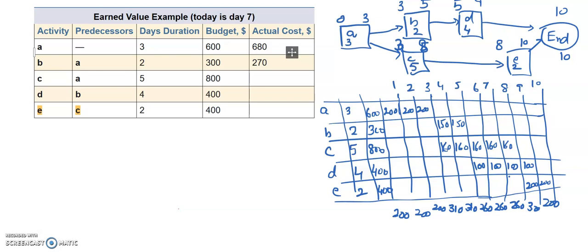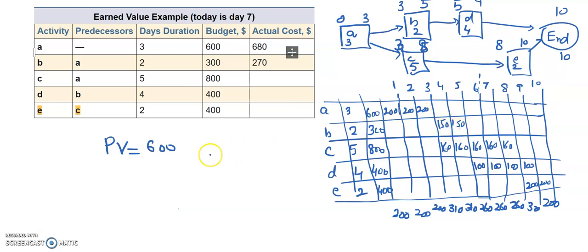So what is the planned value? Today is day 7, so we count the first 6 days: 1, 2, 3, 4, 5, 6. What is the total planned value for the first 6 days? For A it is 600, since A has been completely planned within these 6 days.